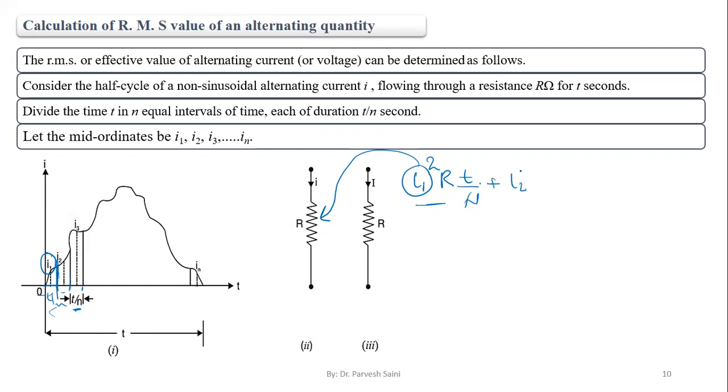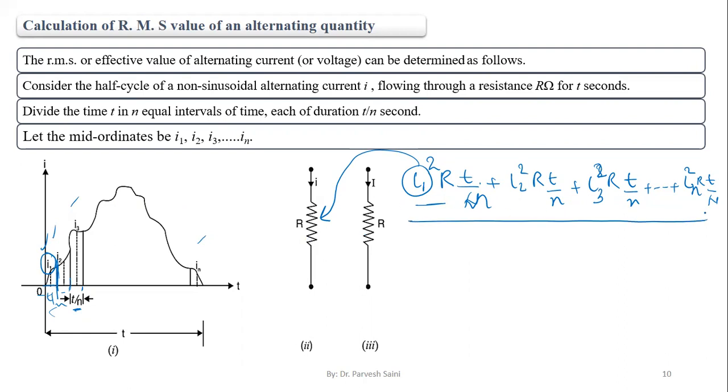Similarly, I2 will produce this much heat, similarly I3 will produce this much heat, and so on. Similarly, In square will produce this much heat. So the total heat produced by all these mid-ordinates is the sum of all these, right?